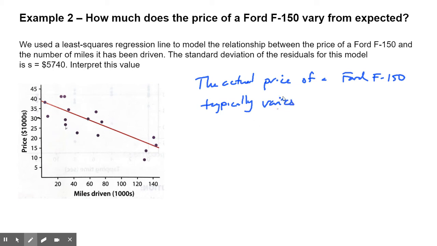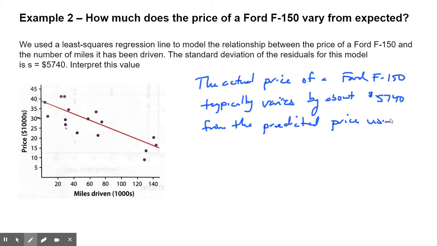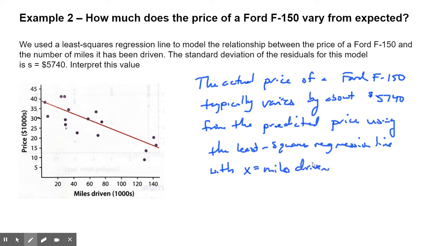Typically varies by about, and now here comes that S value, $5,740 from the predicted price using the least squares regression line with X equals miles driven.